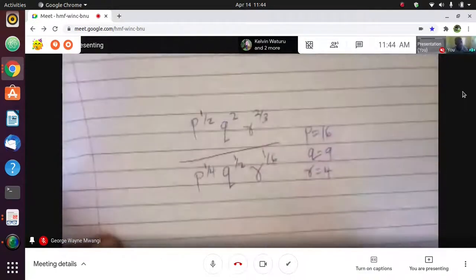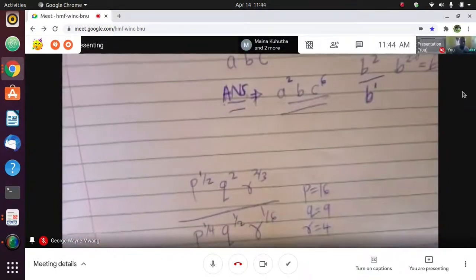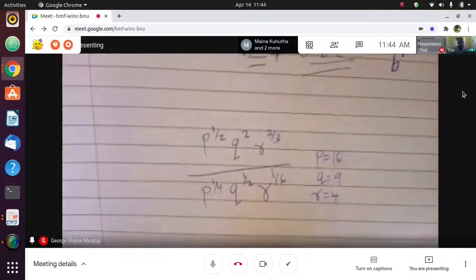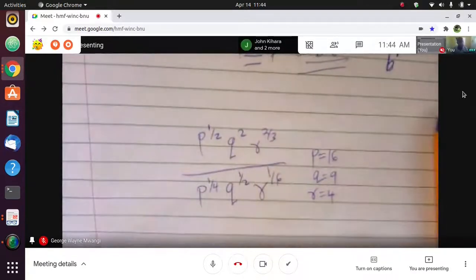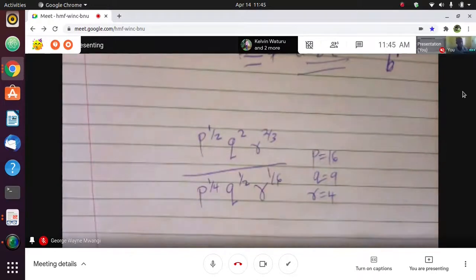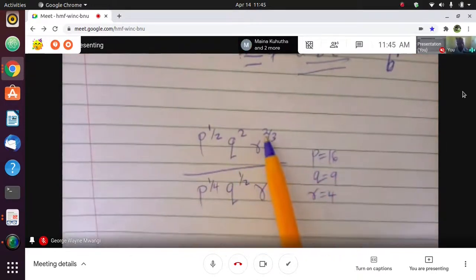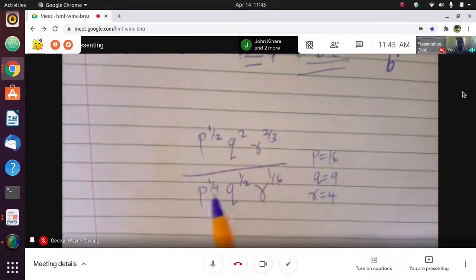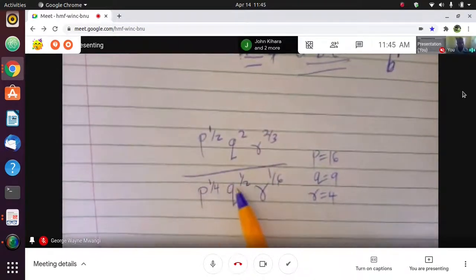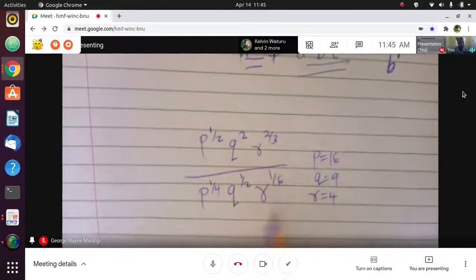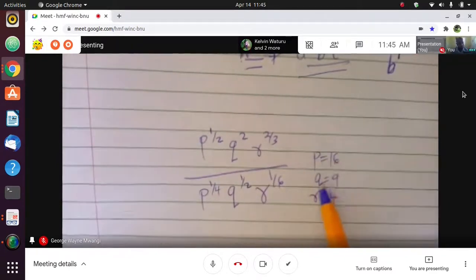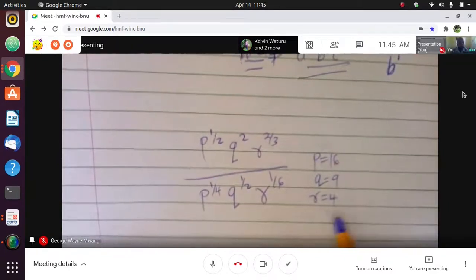What will be the value that we get after we simplify and replace the values? Tutapata value gani?